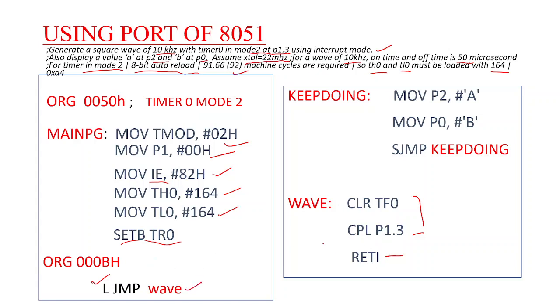So this interrupt goes on executing, and meanwhile, what about the delay case? The delay case is observed here. The value of port 2 is taken and the B value will be taken here, and it goes here. This gives the delay. So like this the waveform is generated using 8051 ports.